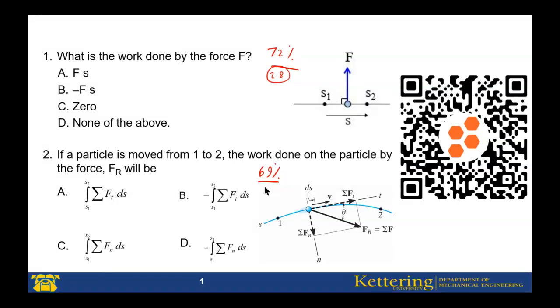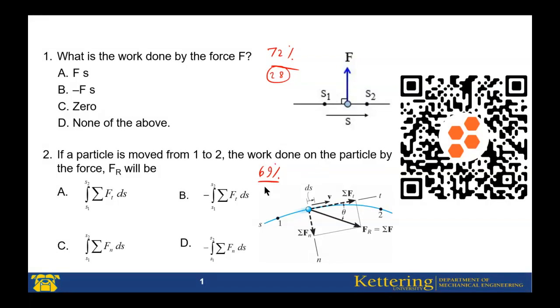We started to talk about the work. You know about the work? Work is the force multiplied by displacement, as you learn in physics. But I showed you how to find the work in terms of the mathematical expression.